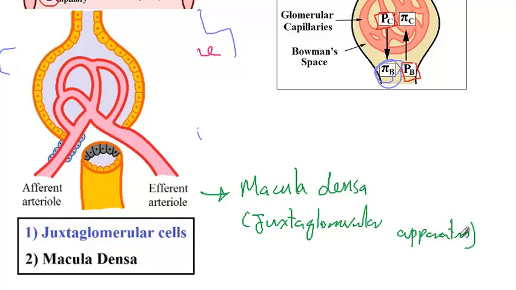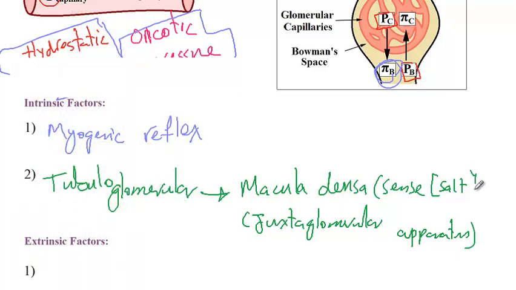These specialized cells sense elevation in the salt concentration of the filtrate, and consequently release chemicals that constrict the afferent arteriole. By constricting the afferent arteriole, there is reduced blood flow, and consequently a decreased volume of filtrate entering the kidneys.